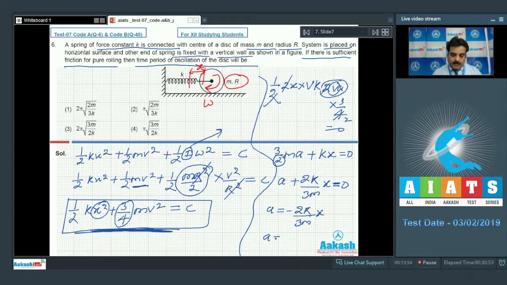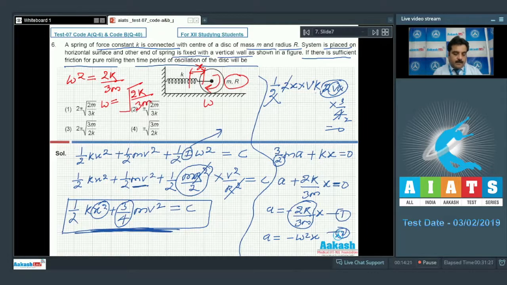And when you compare this equation with a equal to minus omega square x, suppose this is equation one and this is equation two, then you can observe this is the value of omega square. So omega square will be equal to 2k upon 3m, and omega is equal to root of 2k by 3m.